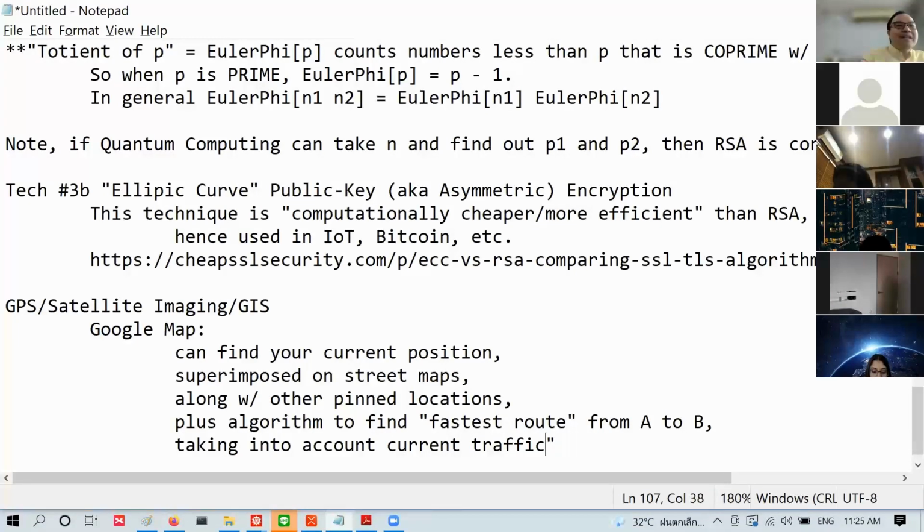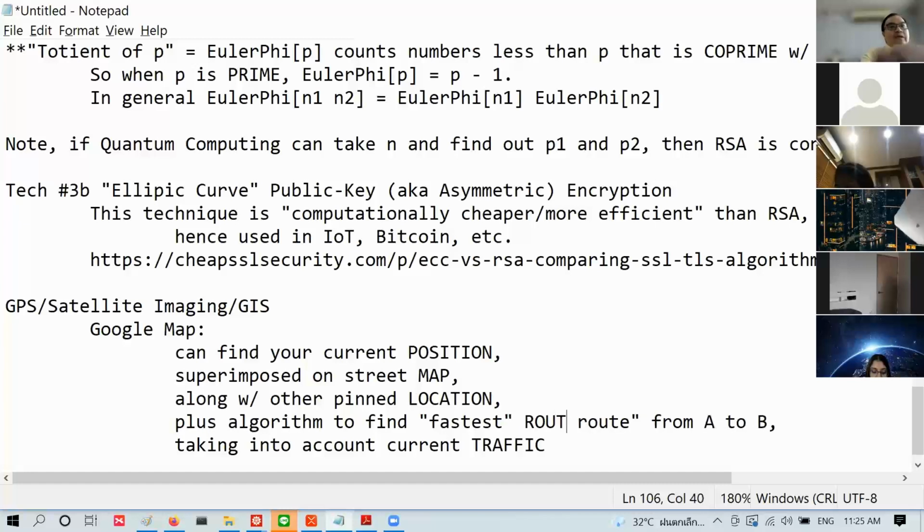So many things have to happen. You have to know position on the street maps, and location, and then the fastest route.